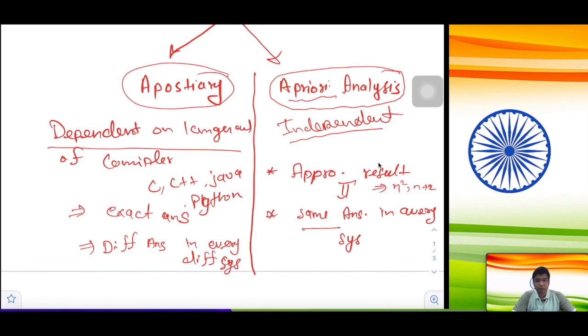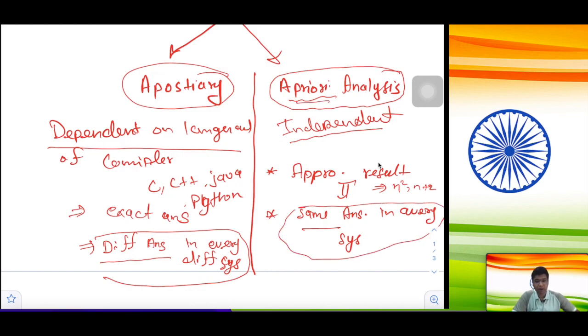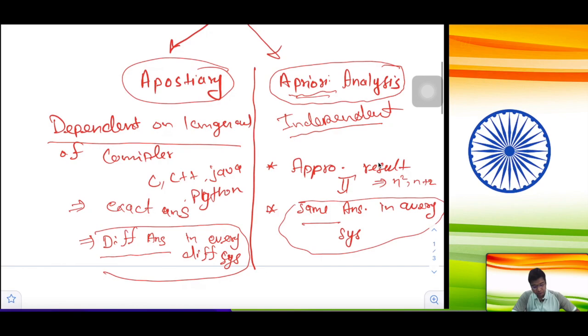If I am talking about i3 or i7, the i7 is faster, so your answer may differ, and the program runs very fast. That is why it is a different answer on every system. And for priori, it is the same on every system, because we are not running it on every system; we just assume your algorithm gives an approximate value as output. So that is why it is the same answer on every system. These are the types of priori analysis.